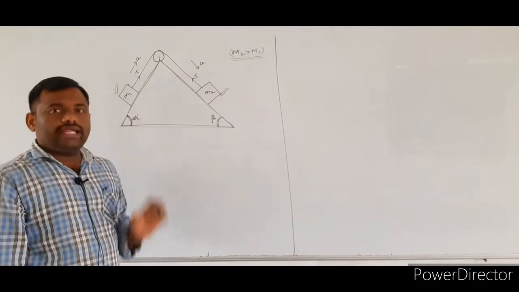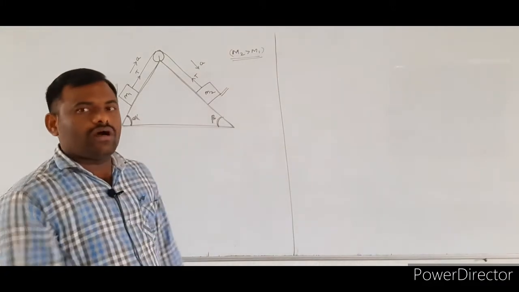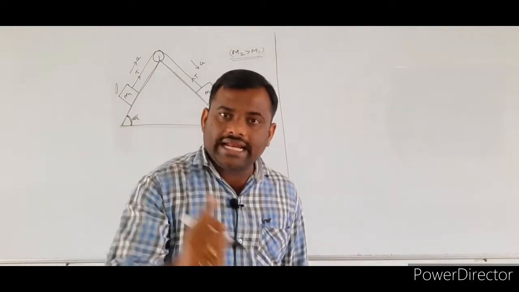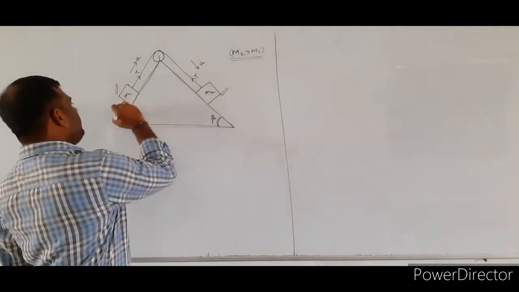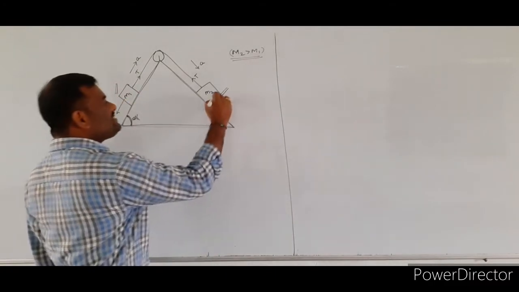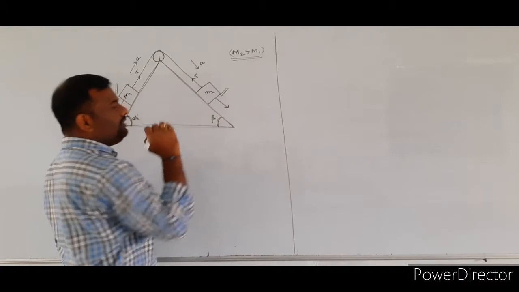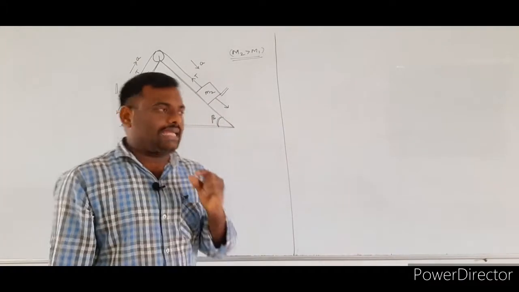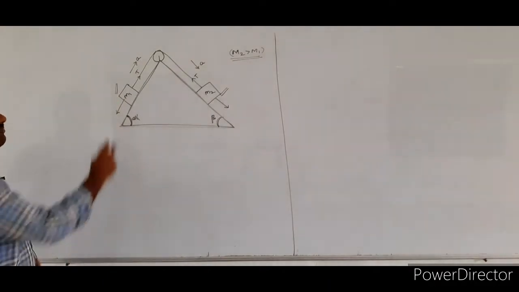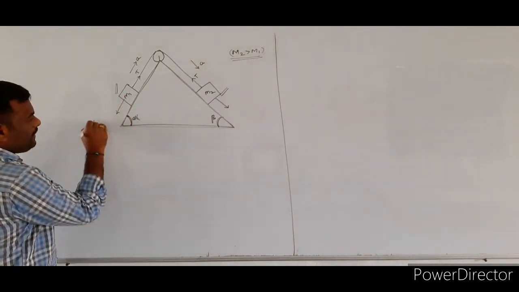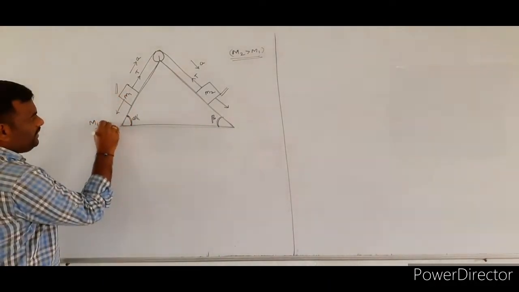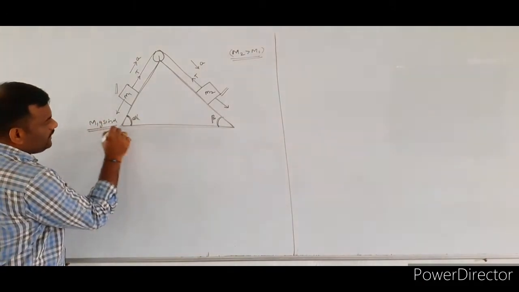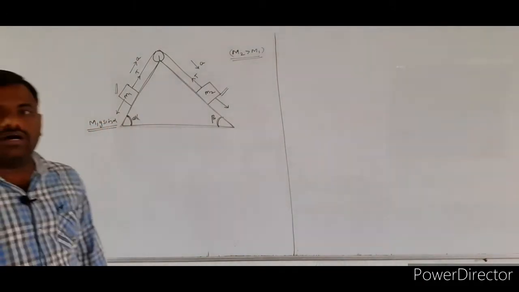Already I told, whenever any block is placed over the inclined plane, down the plane its sine component of weight will be acting. So, for the block of mass m1, down the plane, its component of the weight will be taken as m1g sin alpha.